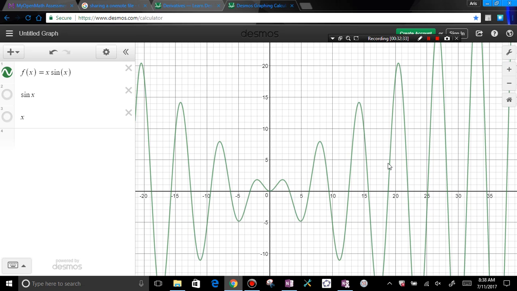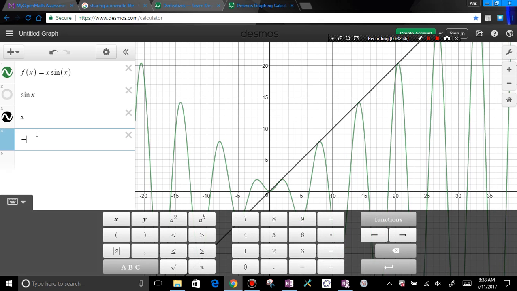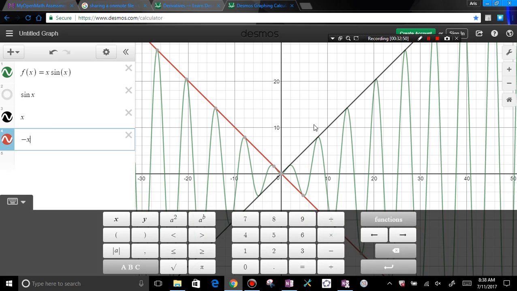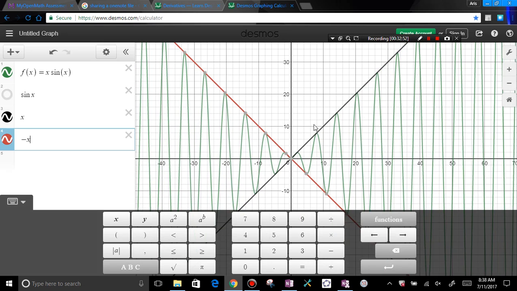Sine wants to be negative, so it's got to go down. Then sine goes back to positive, but x just keeps going up, right? So if I put x here, this is just following that, and of course it's also following that. Sine oscillates between -1 and 1, and so x sine x should oscillate between -x and x.